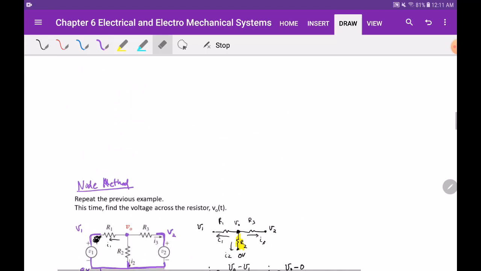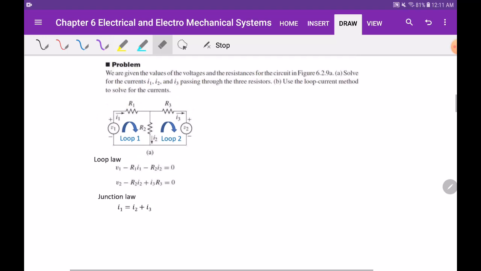Compare this to the previous approach, where the unknowns are the currents I1, I2, and I3, and from solving these equations, you will be finding I1, I2, and I3.